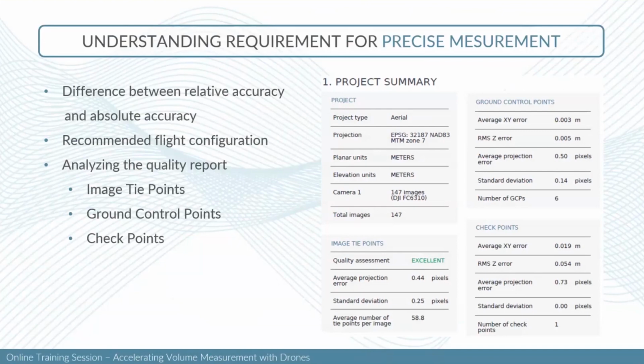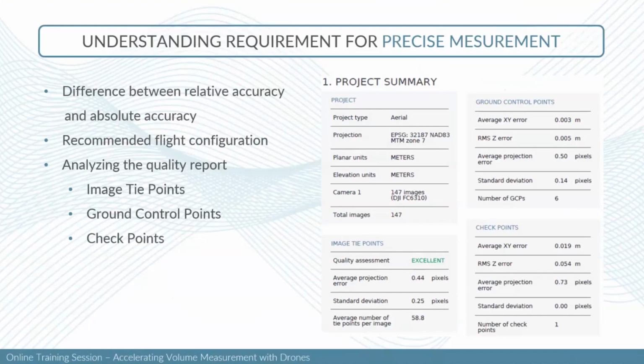You want to have good visual content of the imagery, so you don't want images that are overexposed or underexposed. When you are flying, you want to have good weather conditions, and you don't want shadows in your scene because the shadows can also create some artifacts during the matching.